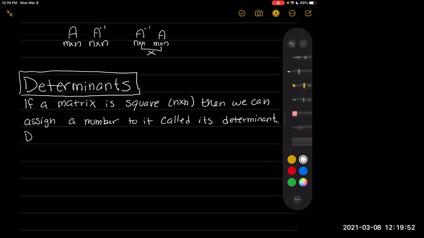Determinants can be used to solve systems of linear equations.